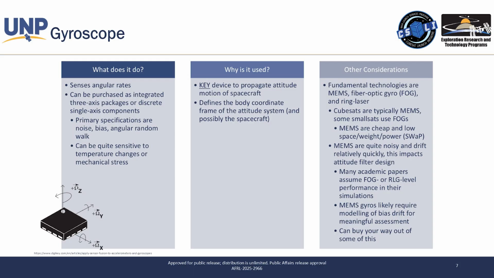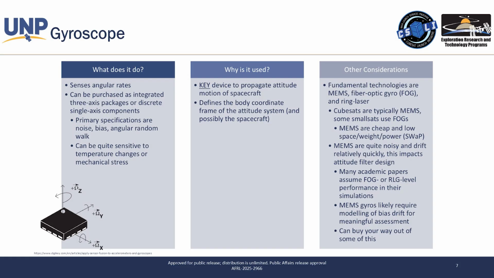We often are using low-level MEMS type components, but you can get really high-end fiber optic gyros, ring lasers, other things like that. Submarines use these with high precision to make sure that they're tracking and moving forward correctly. Again, they're propagating their motion based upon what they're measuring their roll spin rates to be.